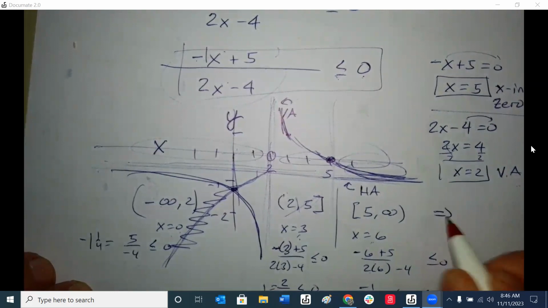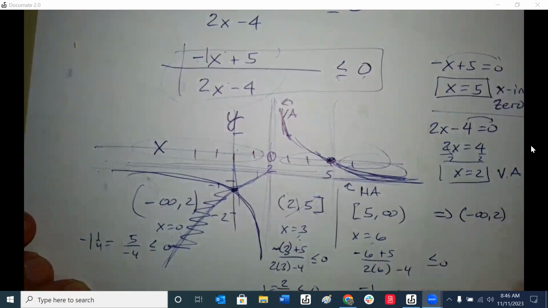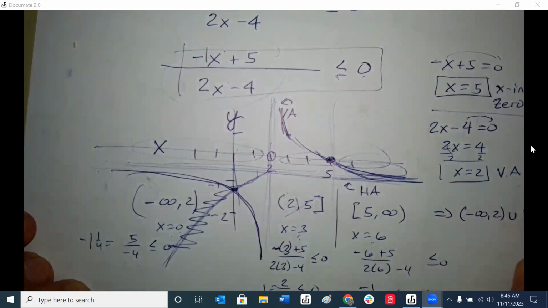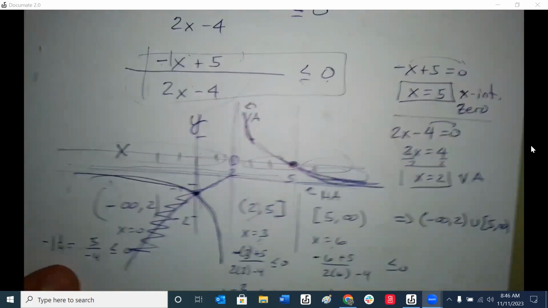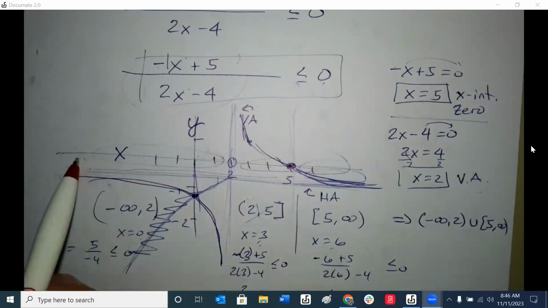So my answer is from -infinity to 2, and then from 5 to infinity. Because it's okay all the way up to 2, because it's going like this.